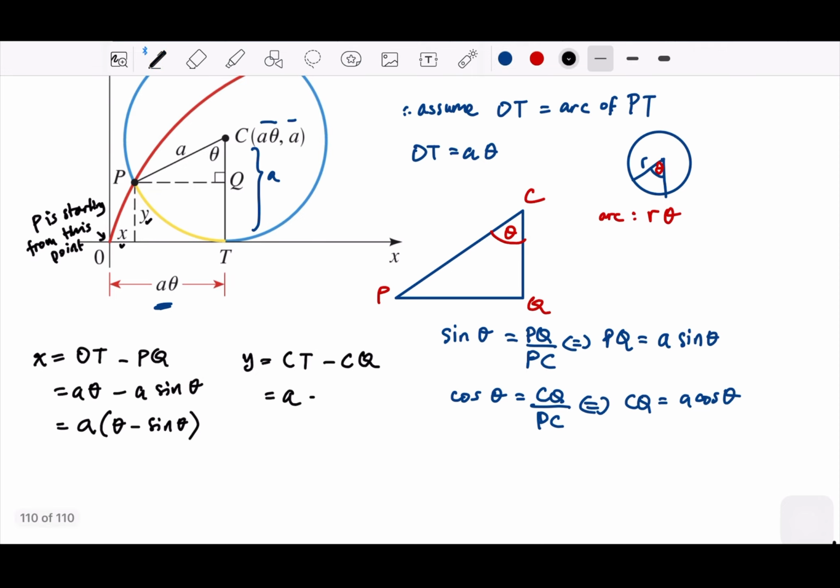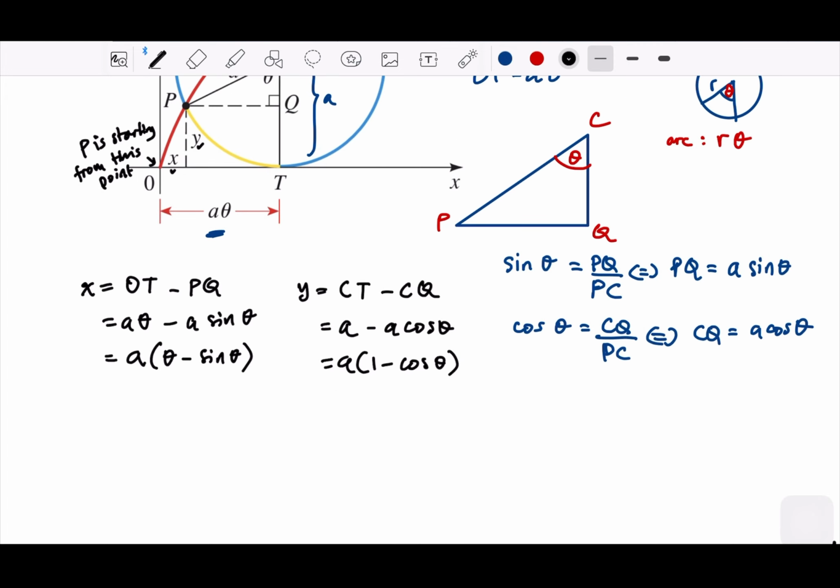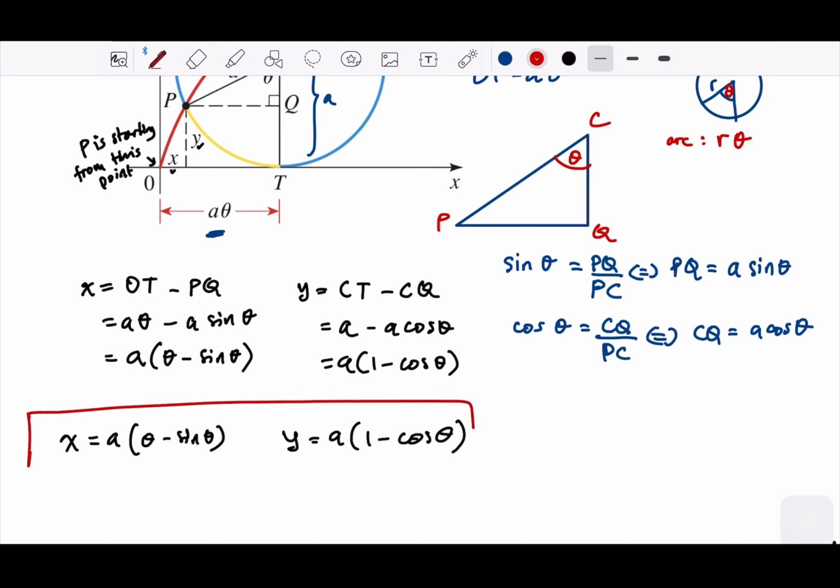So Y is A minus A cosine theta, or A times 1 minus cosine theta. So we have these two components: X is A times theta minus sine theta, and Y is A times 1 minus cosine theta. This will be the components of the cycloid, okay?